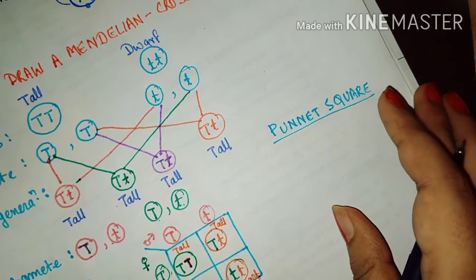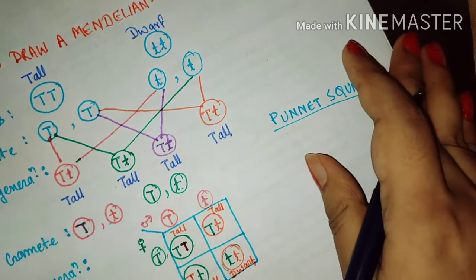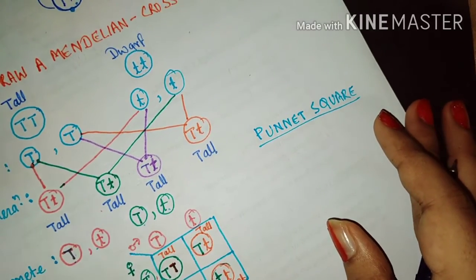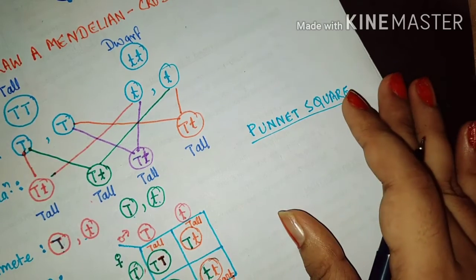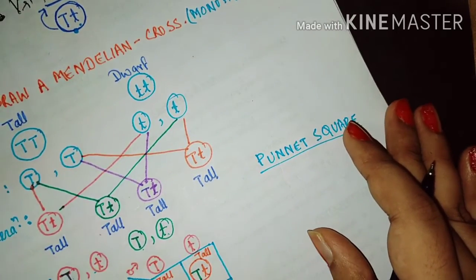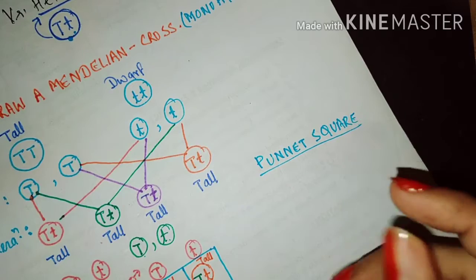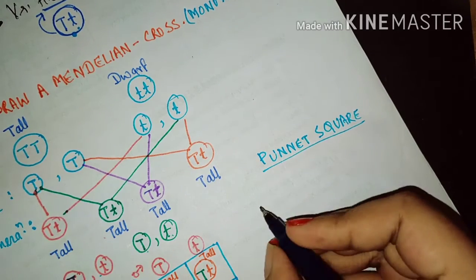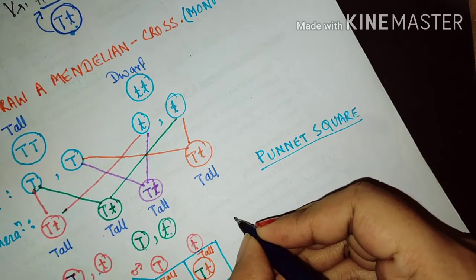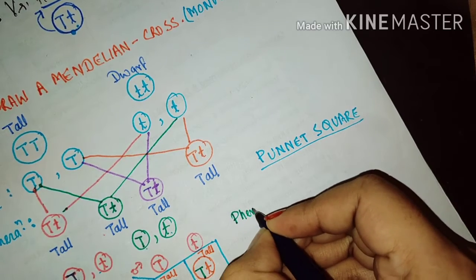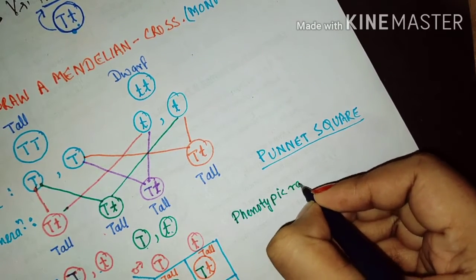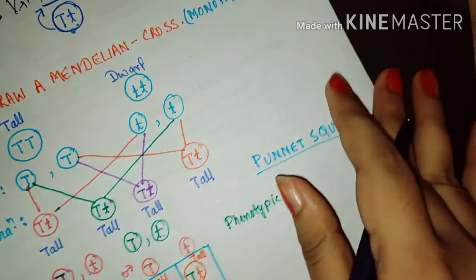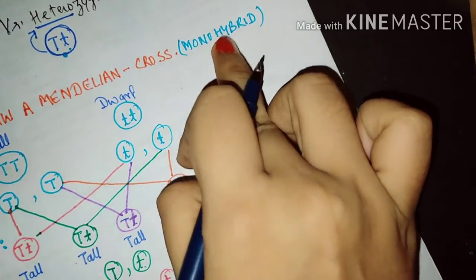So for genotype and phenotype, there is a ratio. In the monohybrid cross, this ratio is often asked from you. So the phenotypic ratio in case of monohybrid cross, we are studying the monohybrid cross.